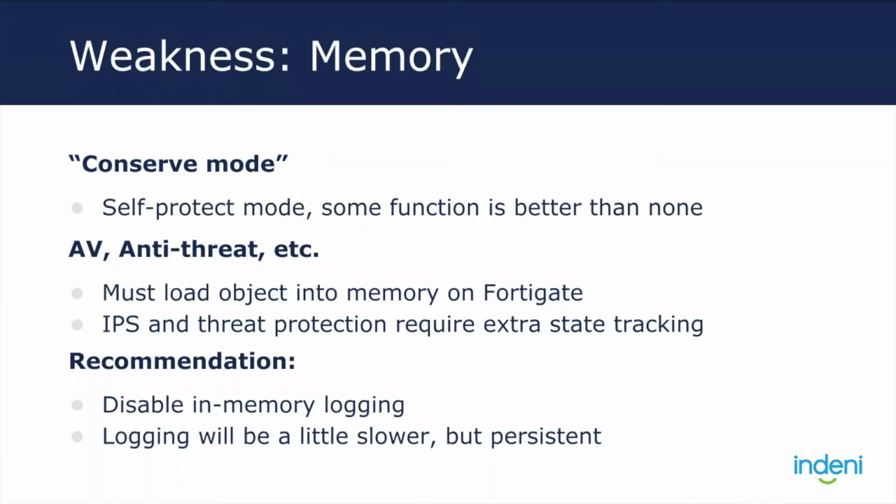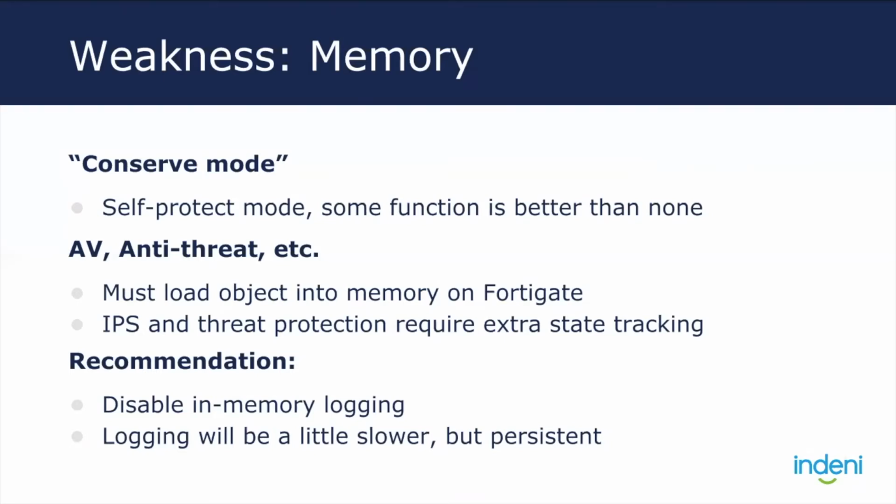On the FortiGates, there's a feature to do in-memory logging. In-memory logging is nice and fast and stays out of the way, and you don't have to write it down to storage, but it uses memory, hence the name in-memory logging. So one of the things you can do is disable in-memory logging. It uses less memory, and you also have the benefit that it's persistent.